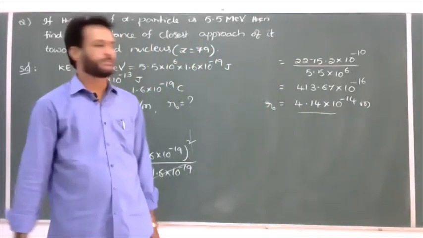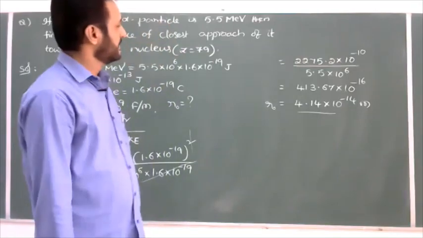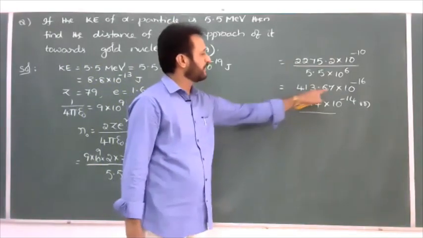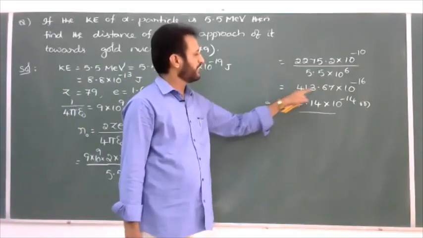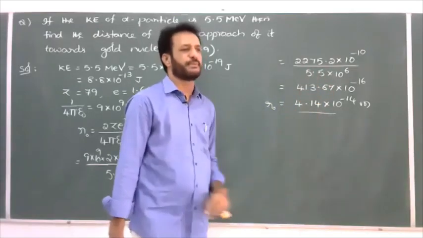Distance of the closest approach of the alpha particle. If you adjust to 2 digits, at the third place I am rounding off and I am writing a 4. 4.14 into 10 power minus 14 meter.